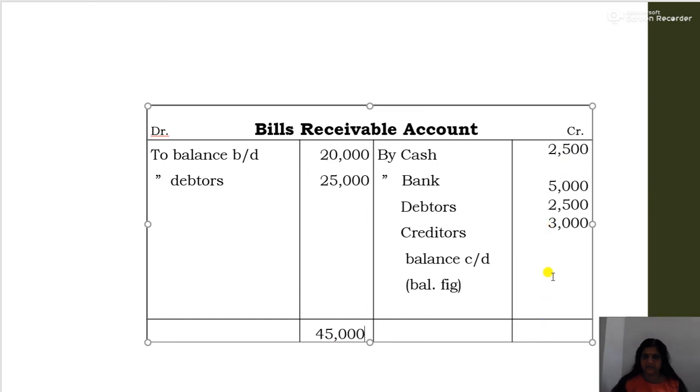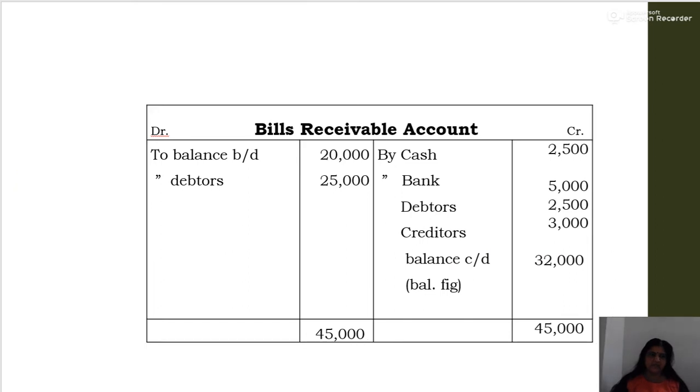So the balance here also we will write 45,000. Then the balancing figure will be 32,000, that is the difference between 45,000 and the total of all these values. So the closing balance of bills receivable as on 31/12/2018 comes to 32,000. Okay, this is the third account.